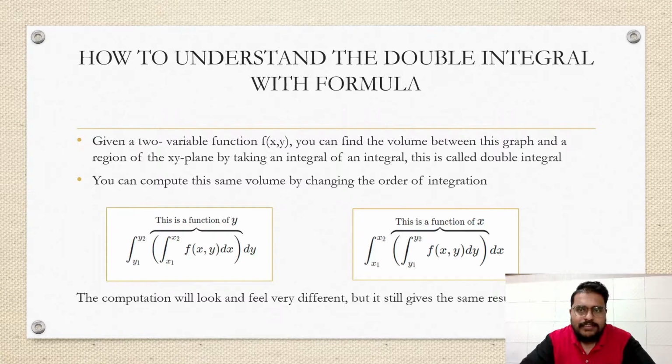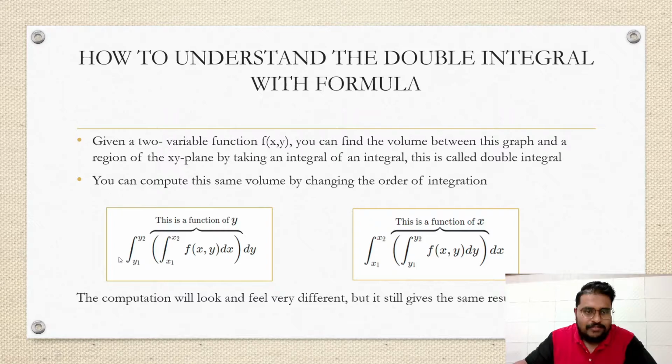How to understand double integral with formula? As you know, formula is a key aspect in double integral. Given a function of 2 variables f(x,y), you can find the volume between this graph and a region of the xy plane. By taking an integral of an integral, this is called a double integral. You can compute this same volume by changing the order of integration.